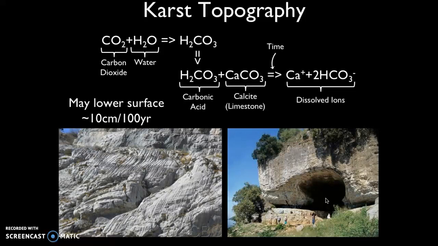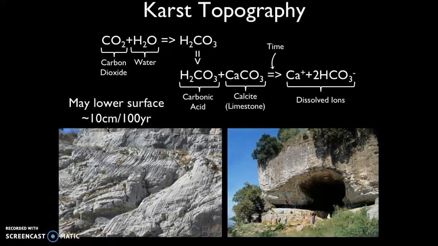This type of dissolution, if there were to be collapses, is going to lower the surface somewhere between 10 centimeters and 100 centimeters every year. Of course it has to be an extreme case to have 100 centimeters a year of subsidence due to this type of process, but it can happen.